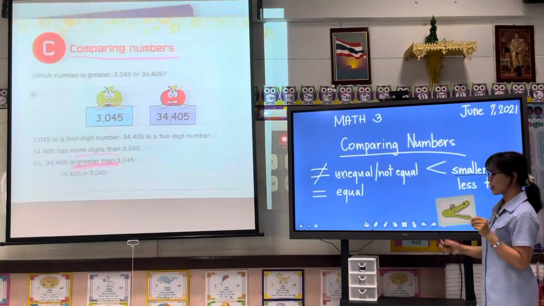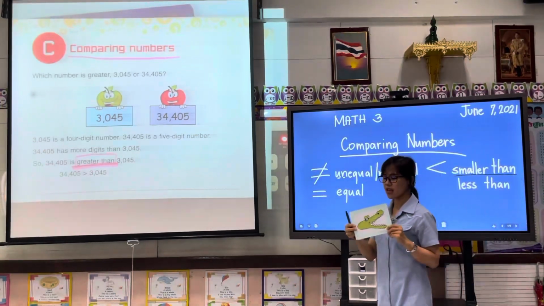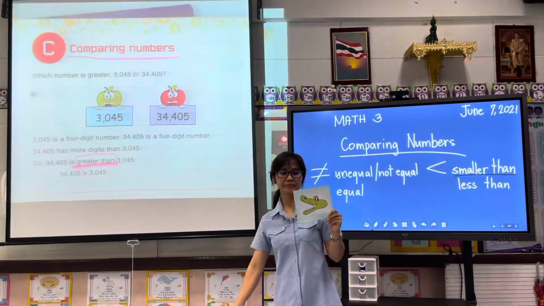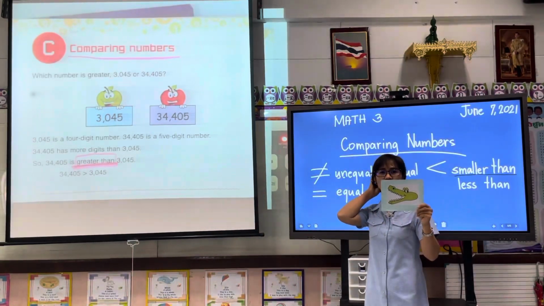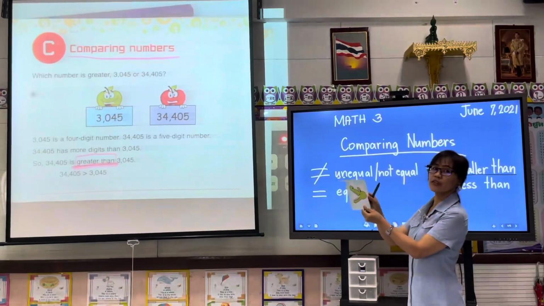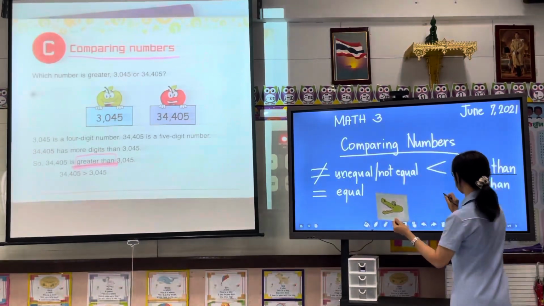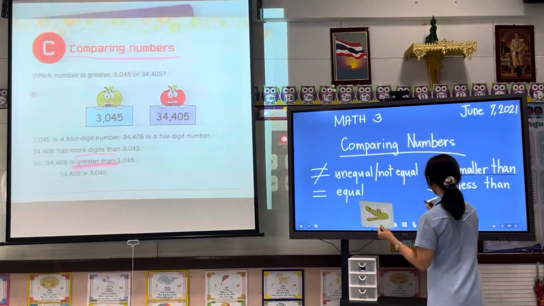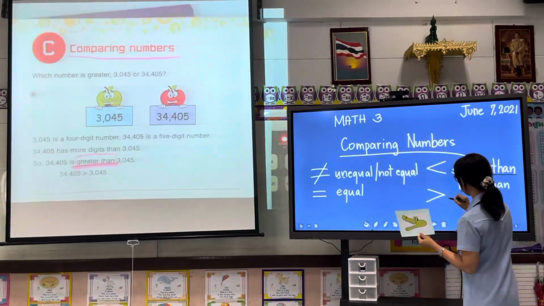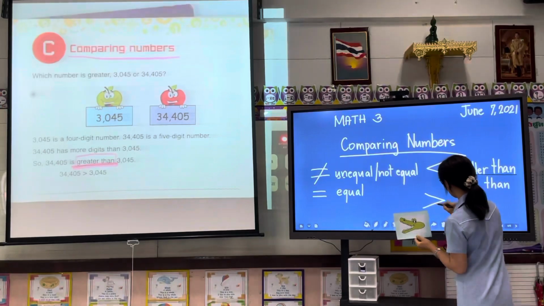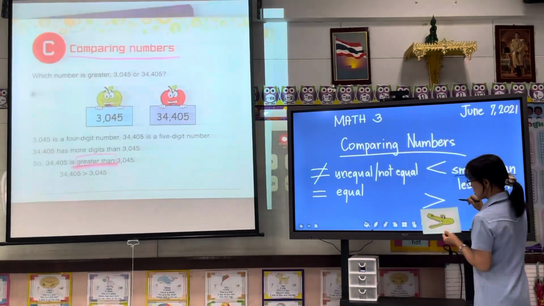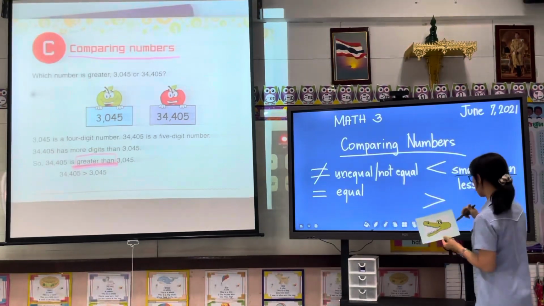Alright? Okay. So next, we've got this, which means your right hand. Your right hand means greater than. Alright? That is the greater than sign. So for this, it has three names.